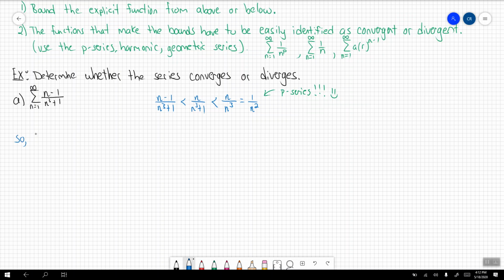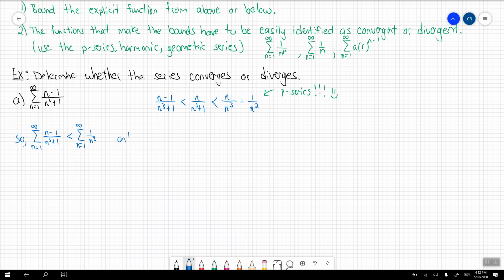I'm going to say so. We have this n minus 1 over n cubed plus 1, and that is all less than this function of 1 over n squared. And again, my work is right here.